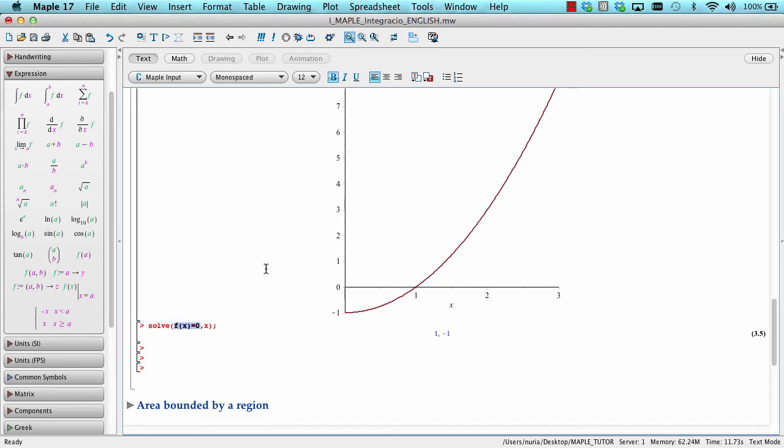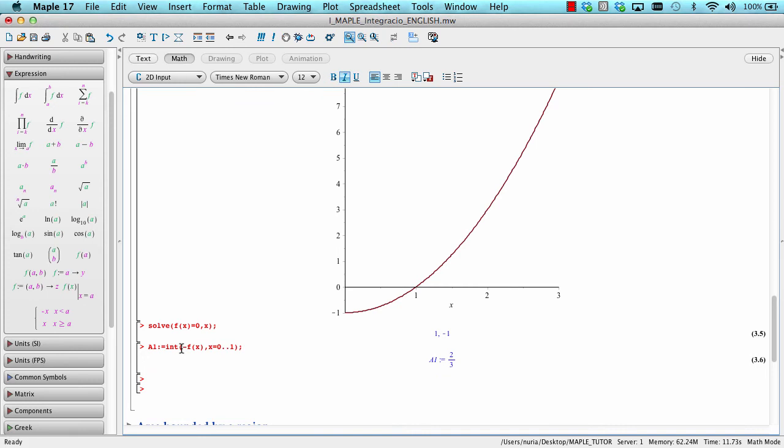So we have -1, which is outside our interval, and 1. So this is the intersection point, and now we have two different areas, A1. Between 0 and 1, the function is negative, so we should compute the integral of minus f of x. Now you see that we get a positive value. If we remove this minus, this integral is negative since the function is negative.